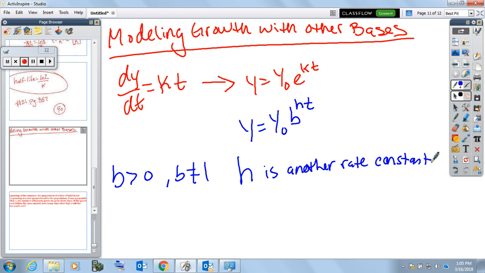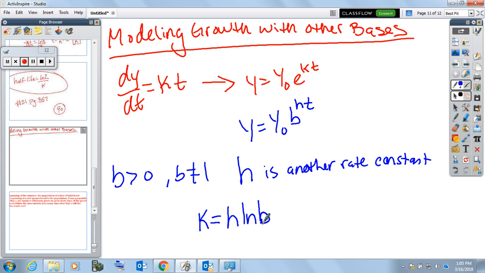It has a relation to k. Its relation to k is that k equals h times the natural log of b. And so that's its relationship to k.